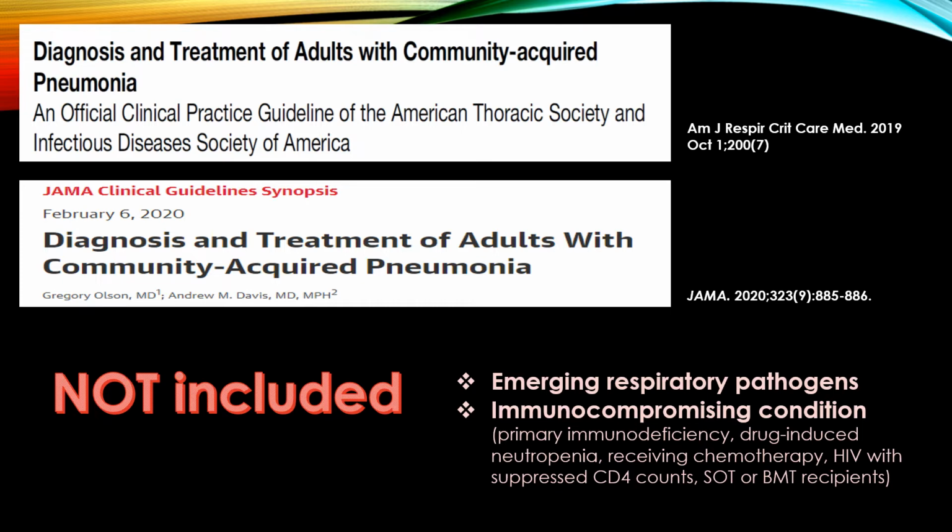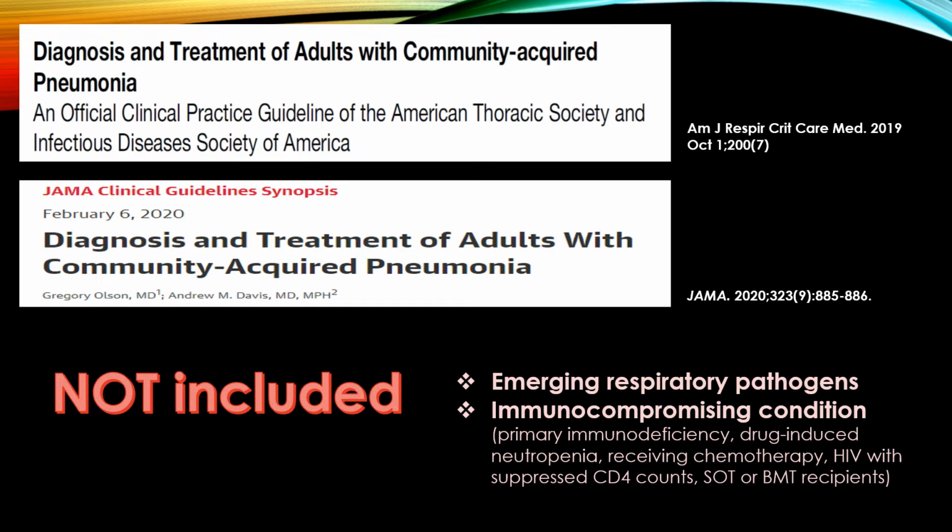Okay, in this guideline, they talk about both bacterial pneumonia and viral pneumonia. Viral pneumonia is discussed in general, but for emerging respiratory pathogens, you should focus on newly launched guidelines from the institutes that study them.